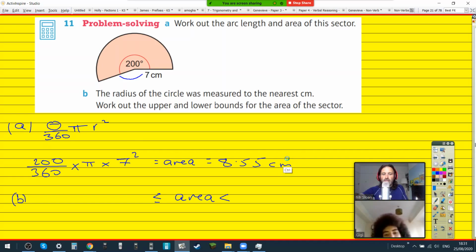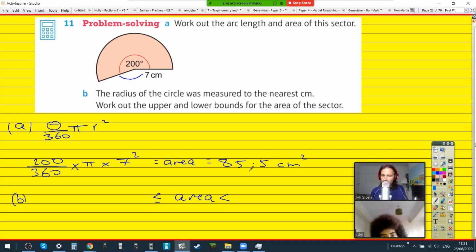The lower bound would be 85.45, and the upper bound would be 85.55.